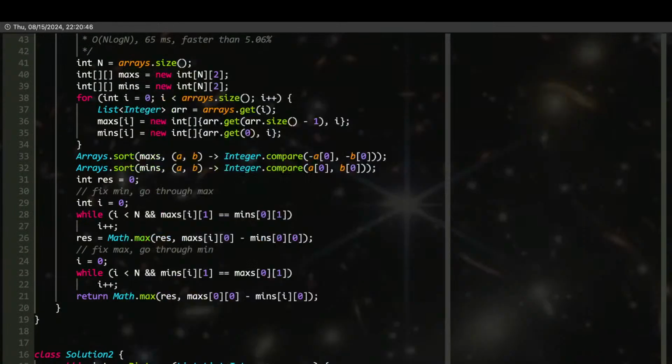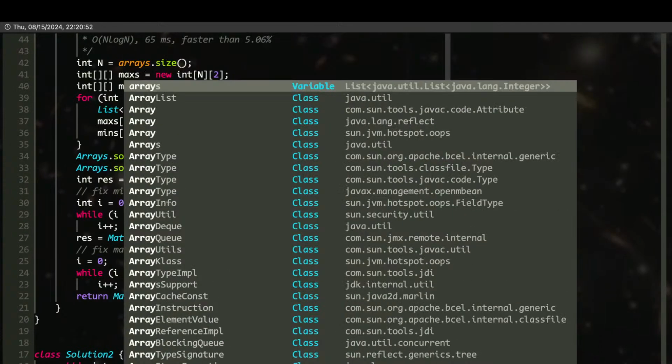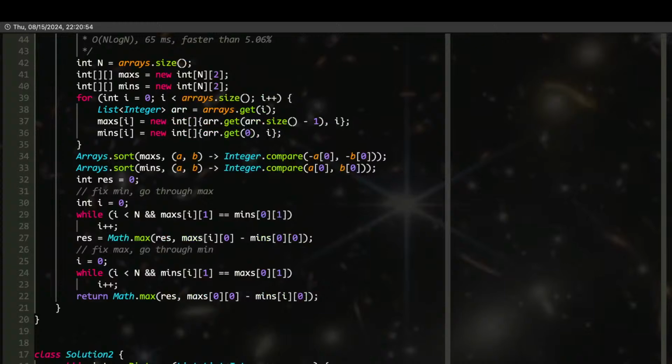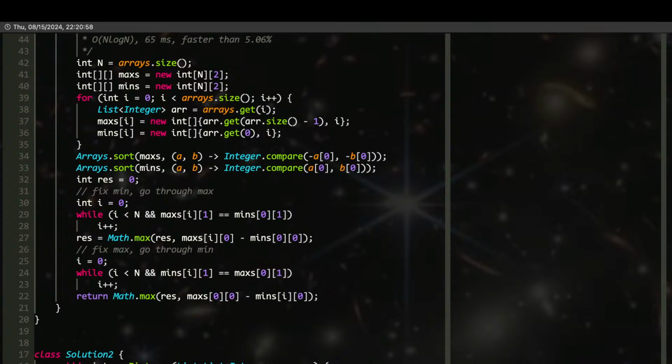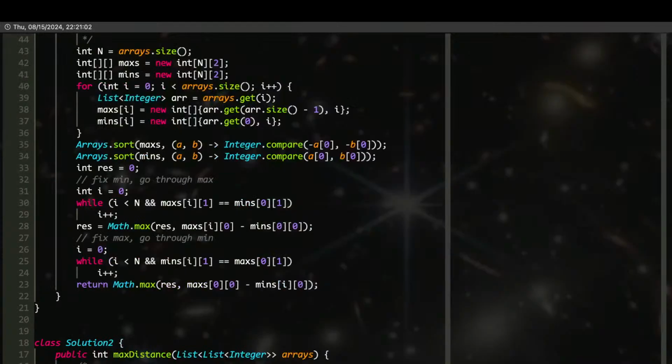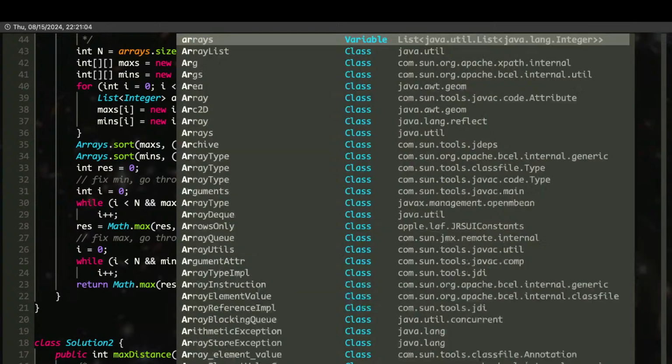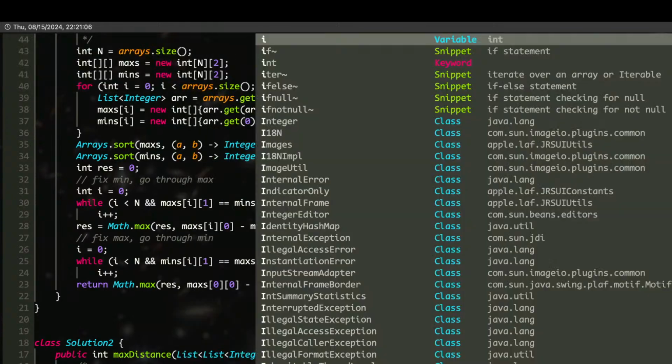Min shall equal arrays.get(0).get(0). Max is arrays.get(0).get(arrays.get(0).size() minus 1). Int i equals 1, i smaller than arrays.size().